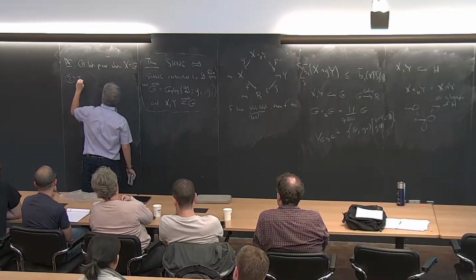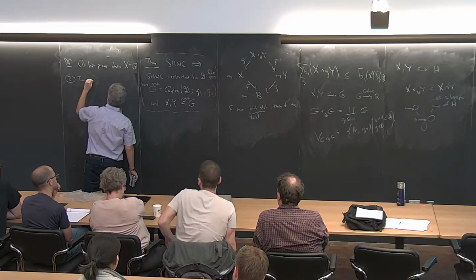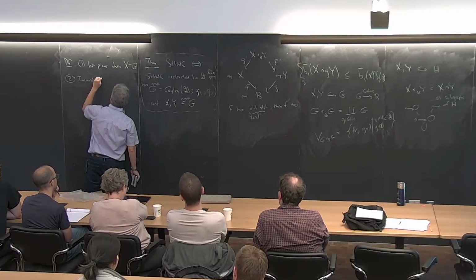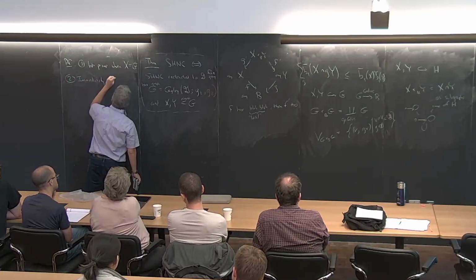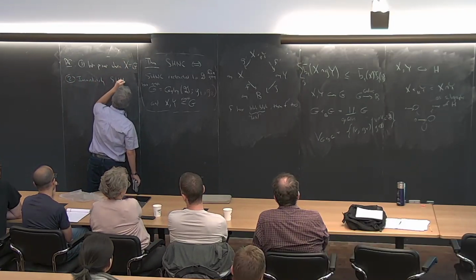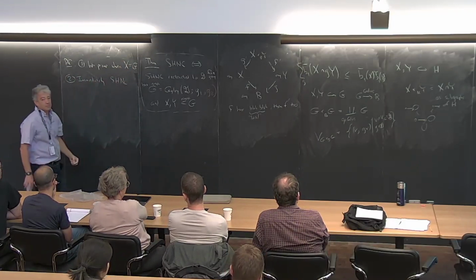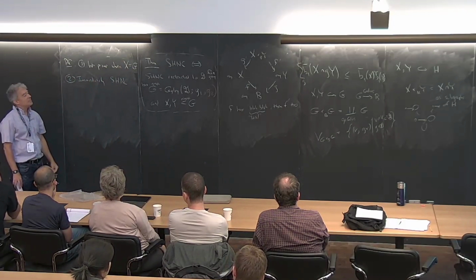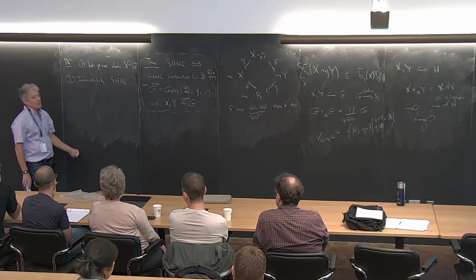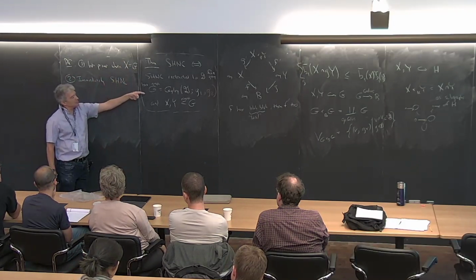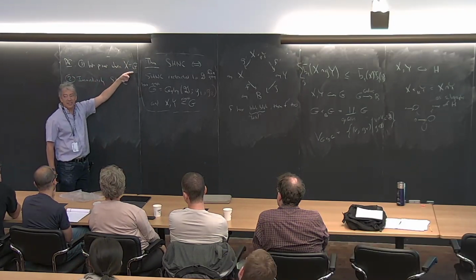Second, we get an immediate consequence. There is a slight catch. When I say we prove this conjecture when X is G, I don't mean we actually prove it the easy way.